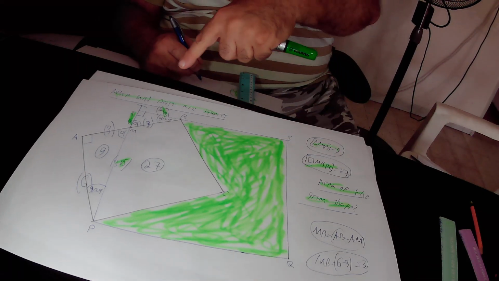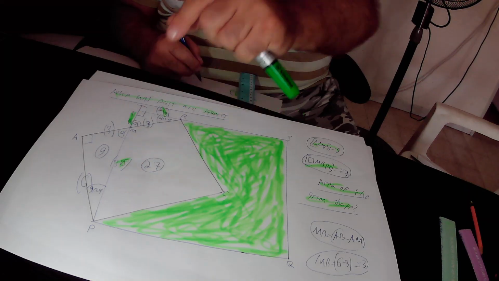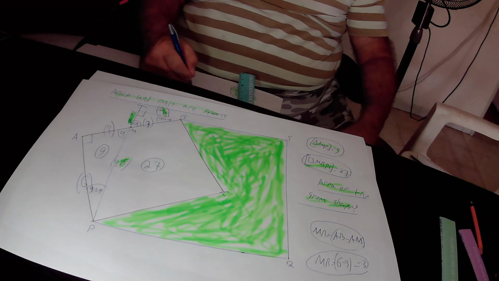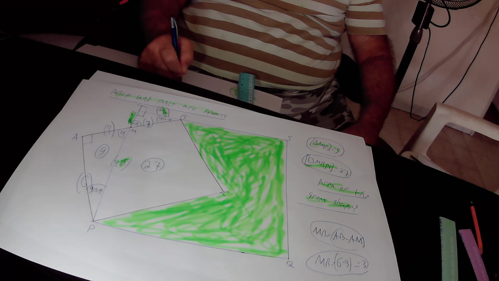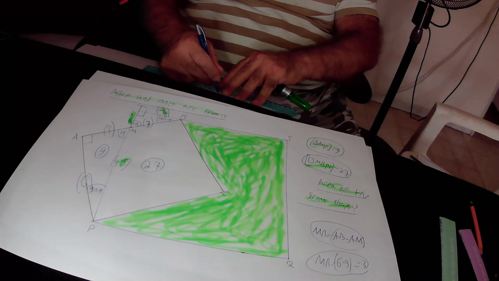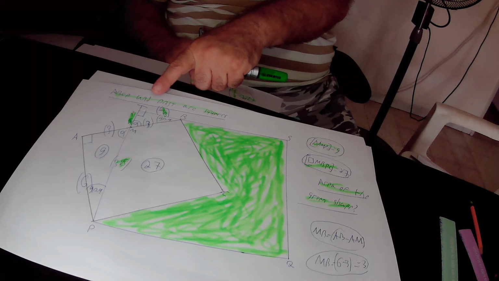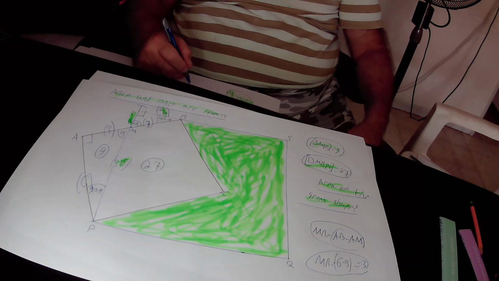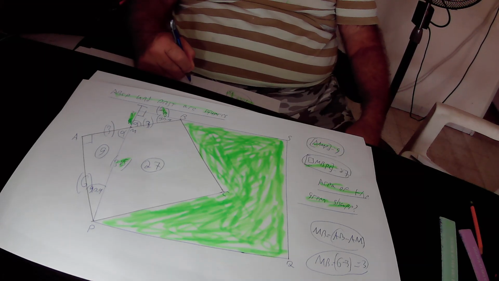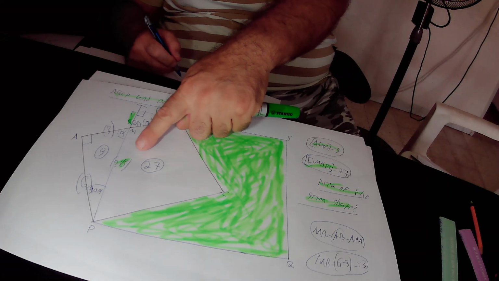TM is 3 over square root of 5, plus MP. MP is 3 times square root of 5.